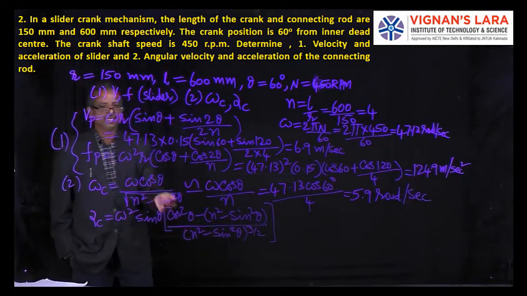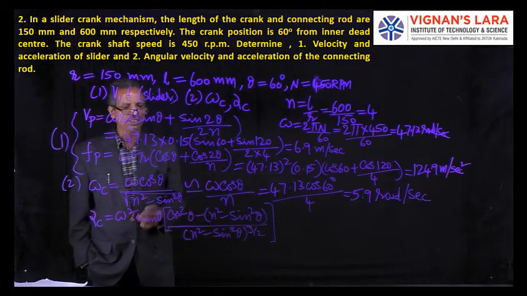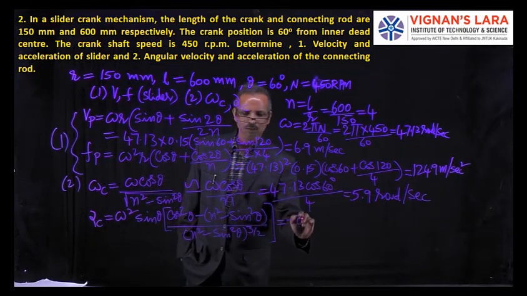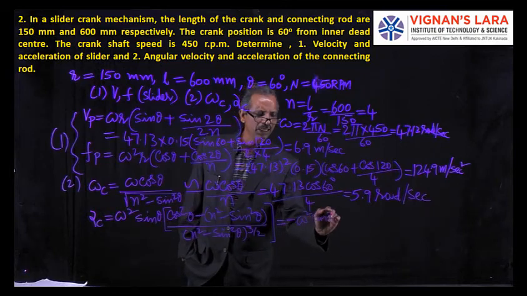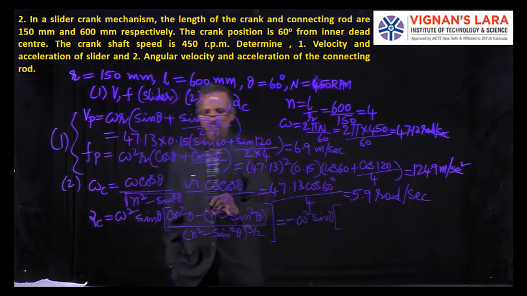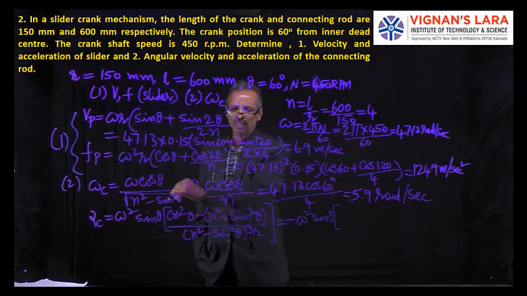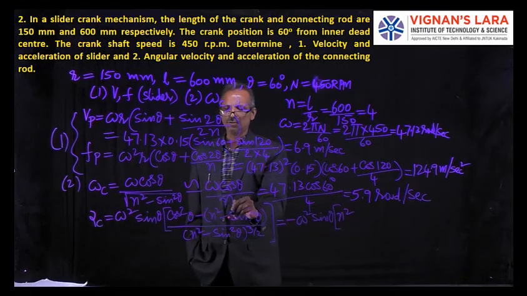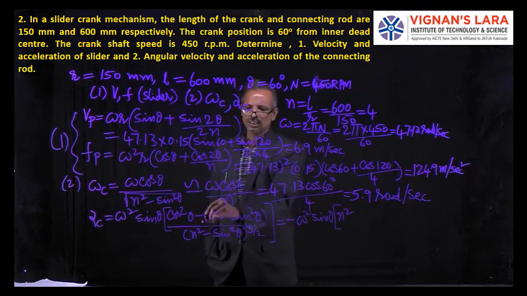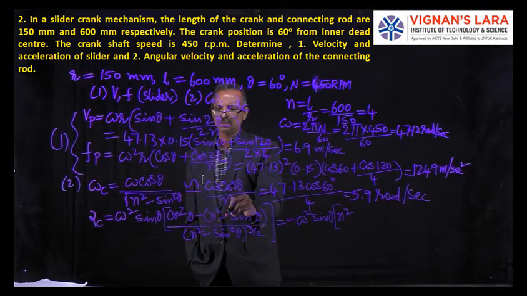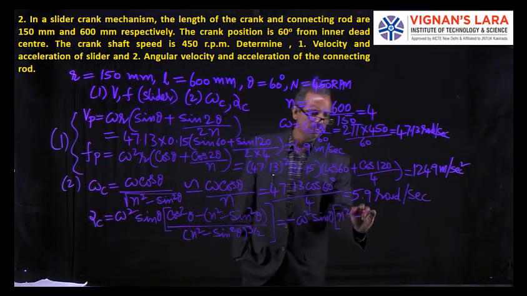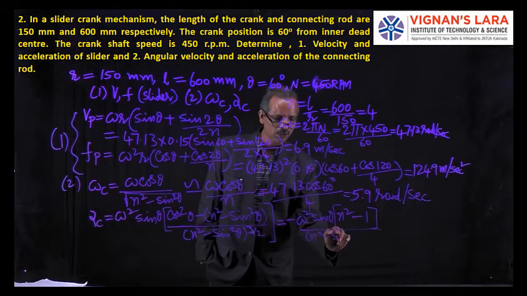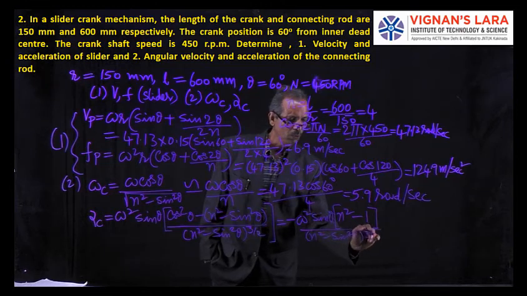If I rewrite it with cos square theta plus sin square theta as 1, and take the minus outside, this is minus omega square sin theta into n square minus 1 by n square minus sin square theta to the power 3 by 2.